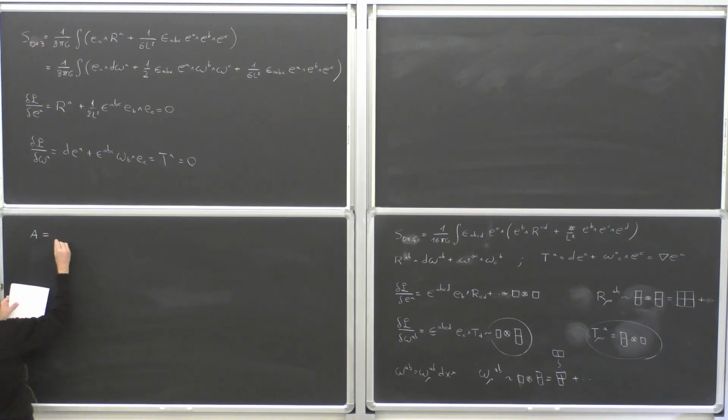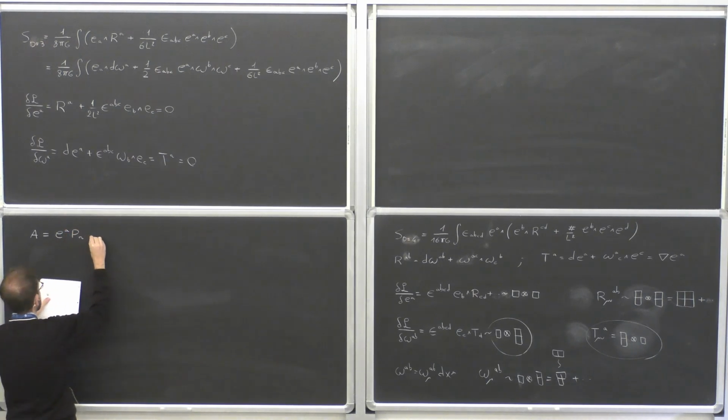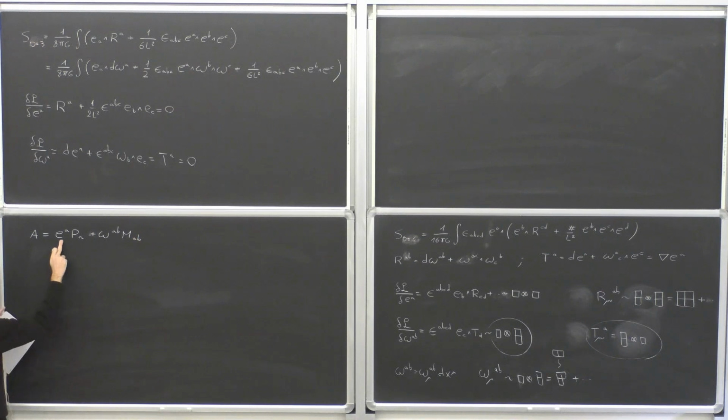yesterday I put together all the connections into a Yang-Mills-like connection. And again, I'm omitting the form indices, but here you have to think that this object, if you wish, is something like this.